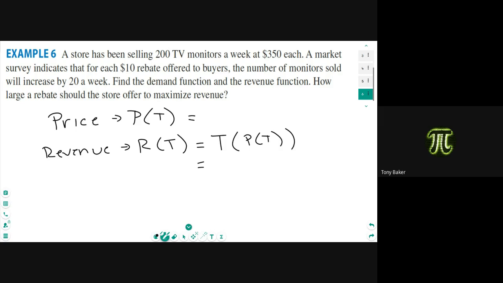If I discounted it by $10, how many TVs would I sell? 220. Okay, and how much would the price be? 340. Okay. So start looking like that.